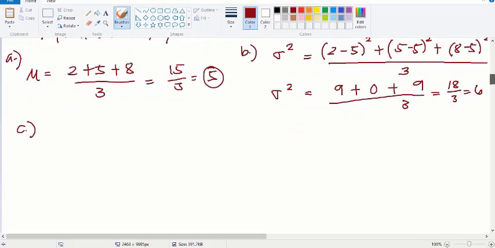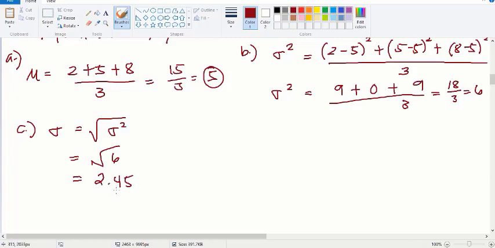Okay, standard deviation. So, square root lang natin ito. This one is just the square root of this one. So, square root of 6. And square root of 6 is, let me use my calculator, 2.45. Okay, so that is 2.45.